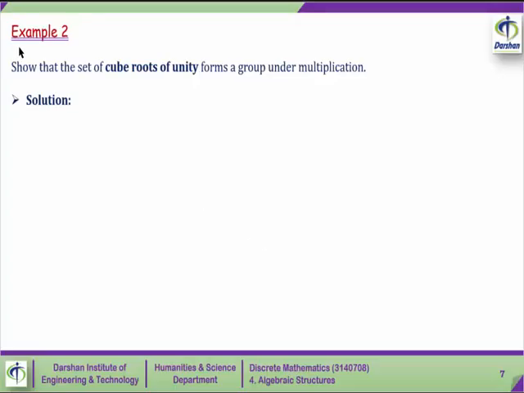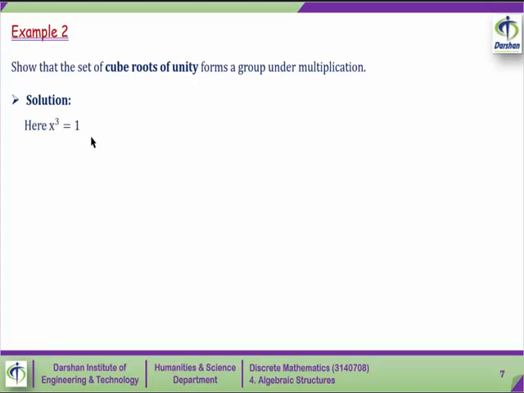Now, second example: show that the set of cube roots of unity forms a group under multiplication. Solution. Our first question is, what is cube root of unity? Cube root is nothing but solution of the equation x cube is equal to 1.